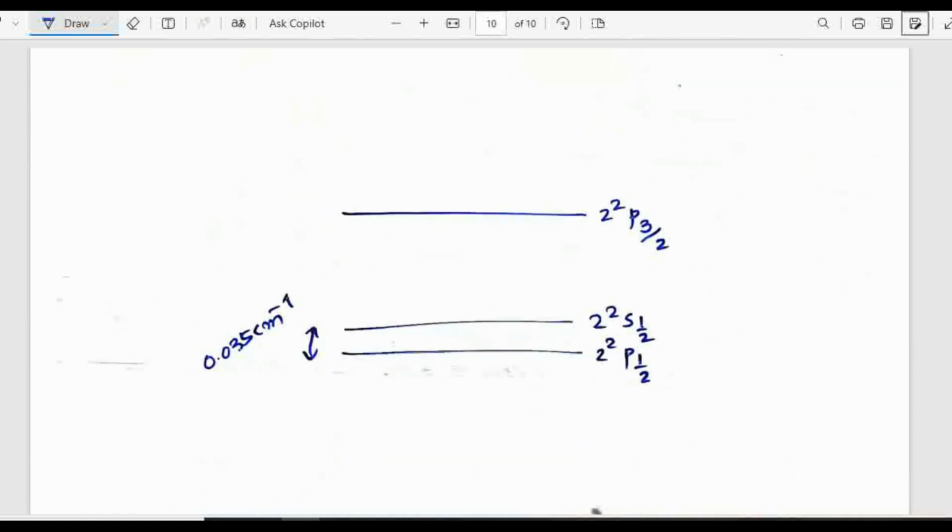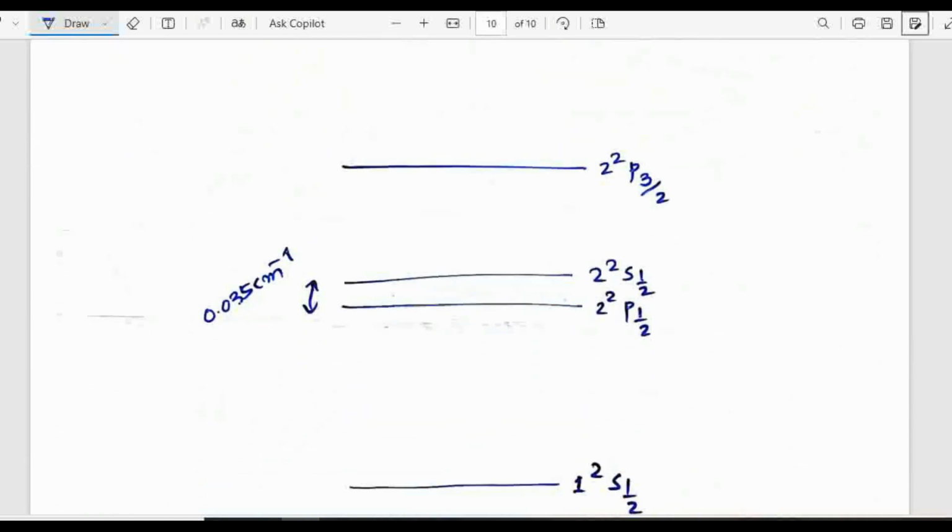Now you see this is the actual diagram, and in the diagram you see that 2s 1 by 2 is placed above 2p 1 by 2. That means the 2s 1 by 2 level is shifted upward along with 2p 3 by 2.